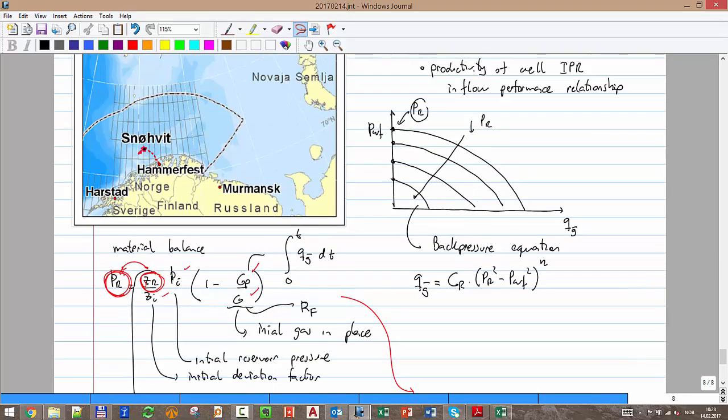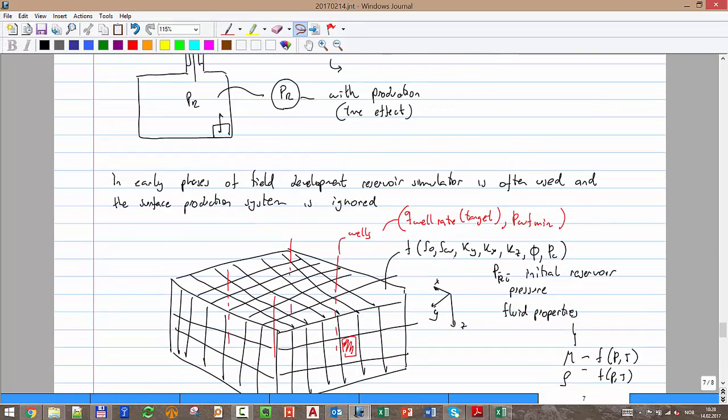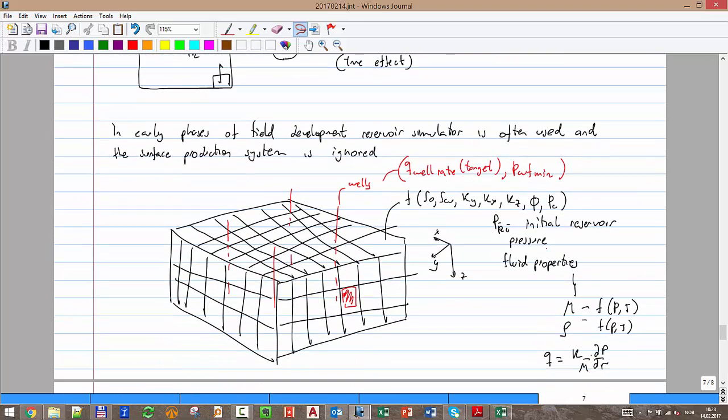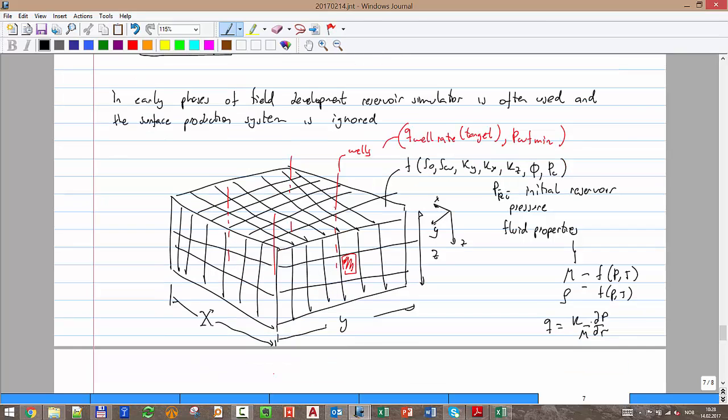Now the back pressure equation. If you see that, really it's a bit similar to what we are showing here. You need the volume that we are giving. That's the G. The volume is like what we provide in the reservoir simulator. We have certain Z, certain Y, and certain X, and that gives you the G, how much you have in that container.